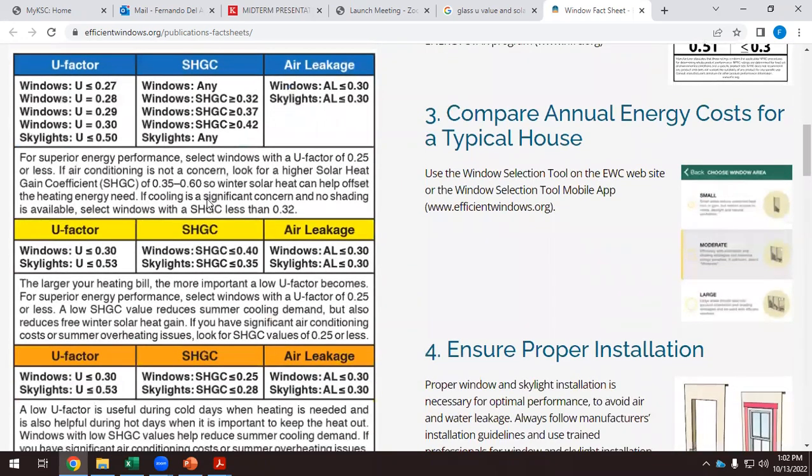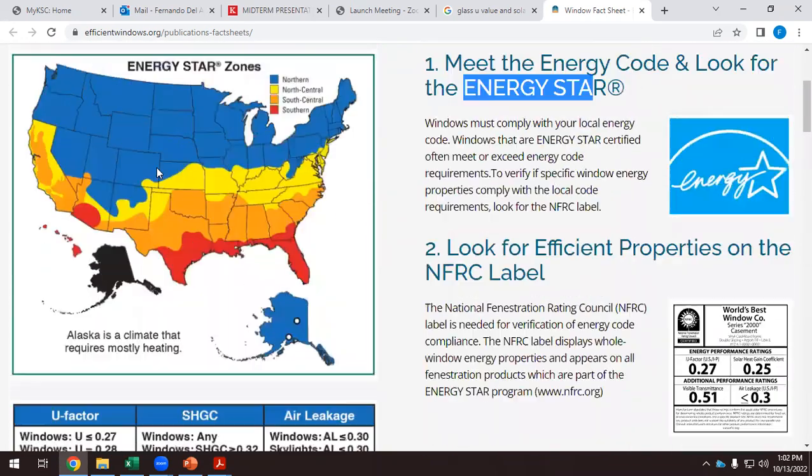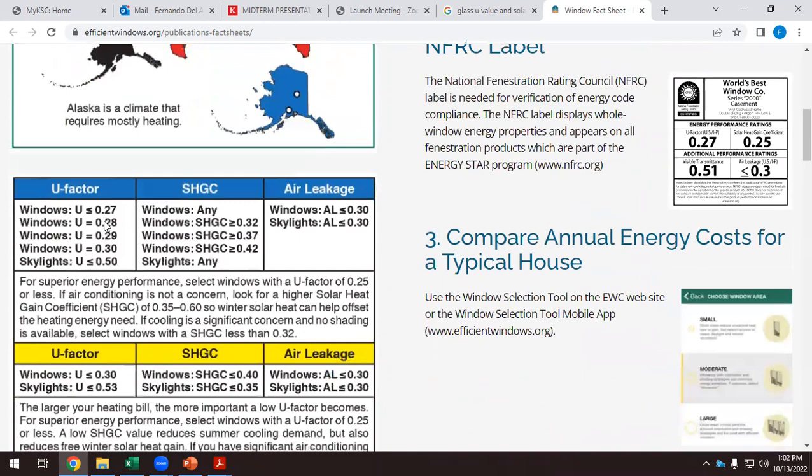So what they say is that in the blue areas, in cold areas, for windows, we need U values lower than 0.27, and solar heat gain coefficient more than whatever. So the solar heat gain coefficient should be as high as possible, and the U factor as low as possible. So this is what they recommend.